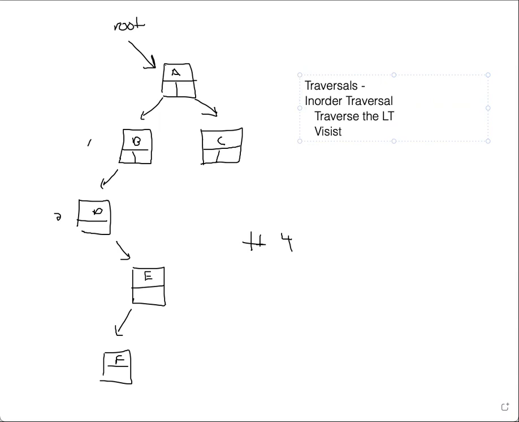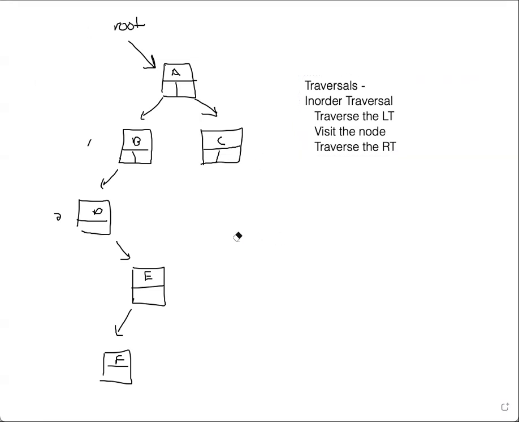We then visit the node. And then we traverse the right tree.